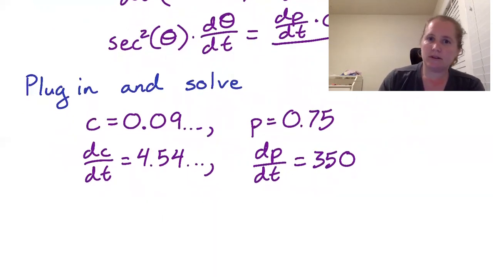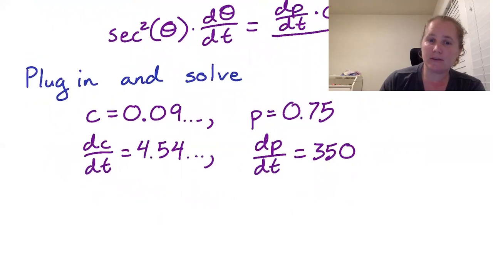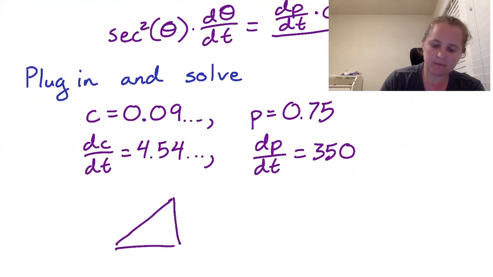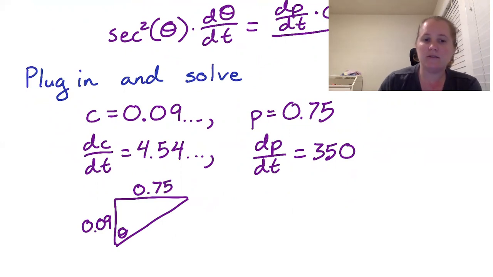So if we work specifically with our right triangle, let me draw the triangle we did have. So here's theta, and then we had 0.09, 0.75.